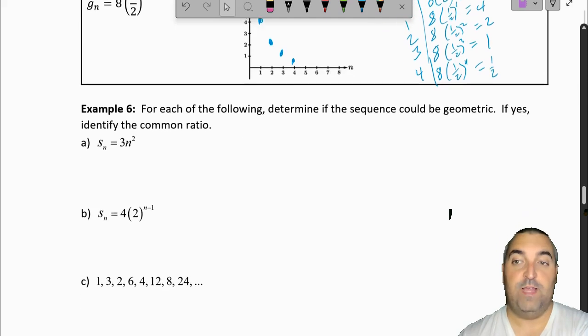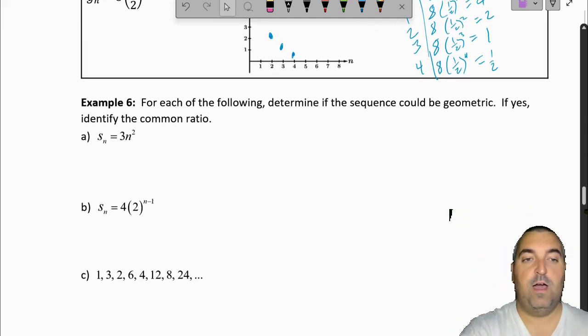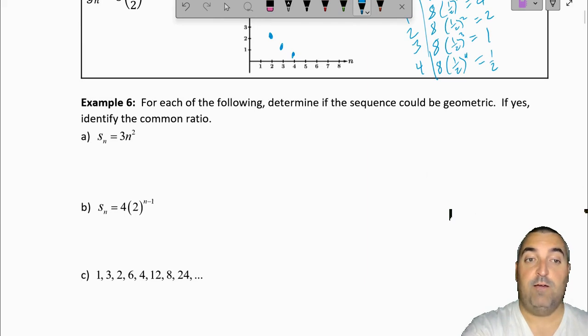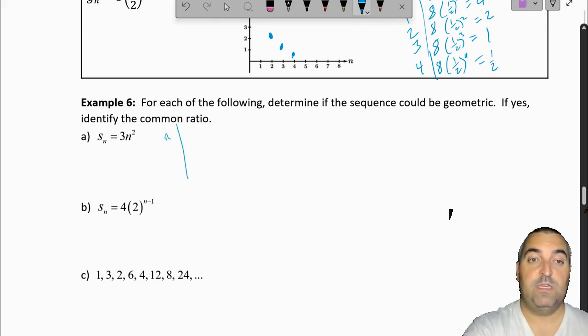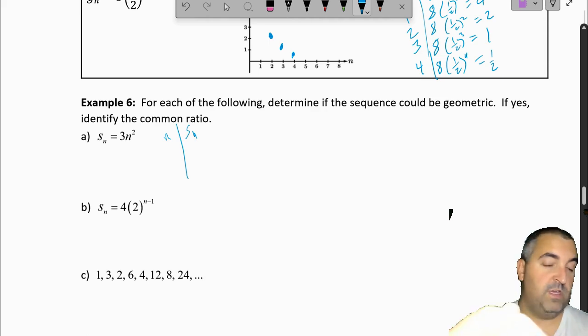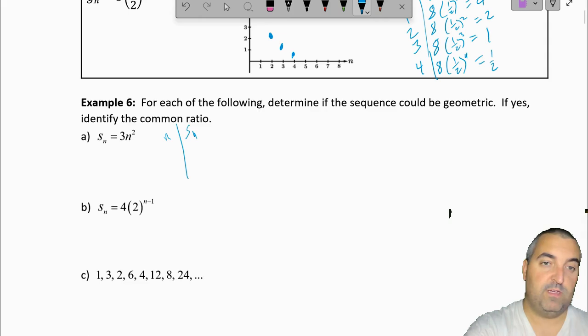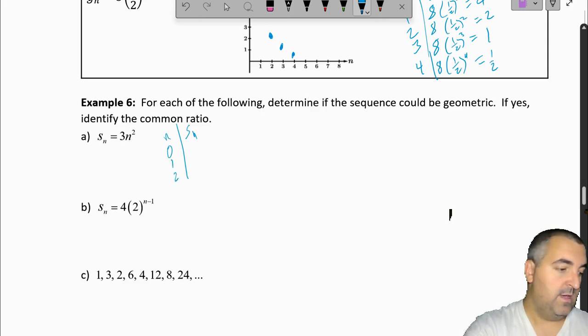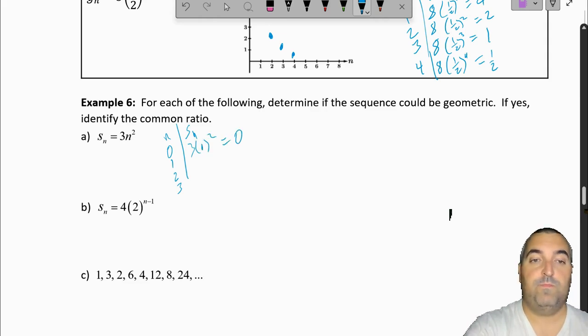For the sake of these notes, I'm going to do tables of values and see if my outputs are being multiplied by the same thing every time. So I'm going to go 0, 1, 2, and all the way to 3 for this first one. 3 times 0 squared is 0. 3 times 1 squared is 3. 3 times 2 squared is 12.